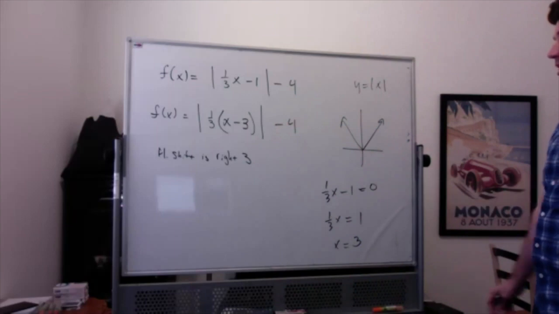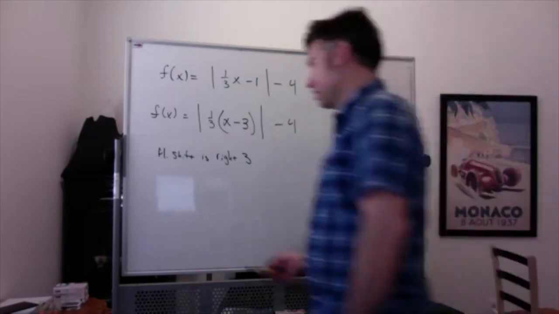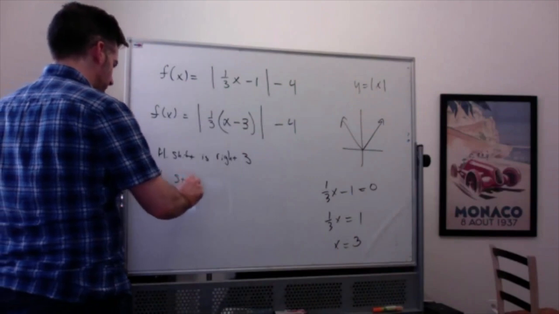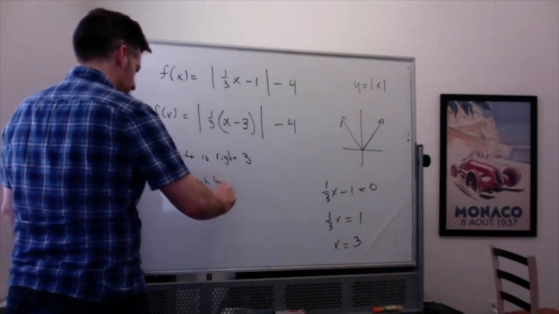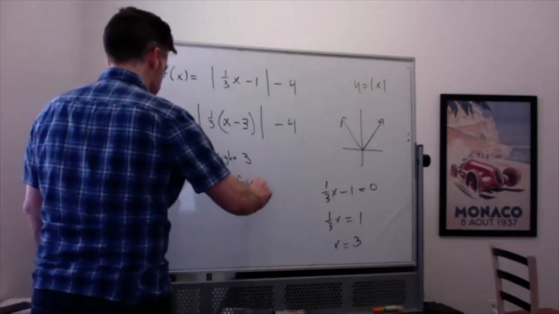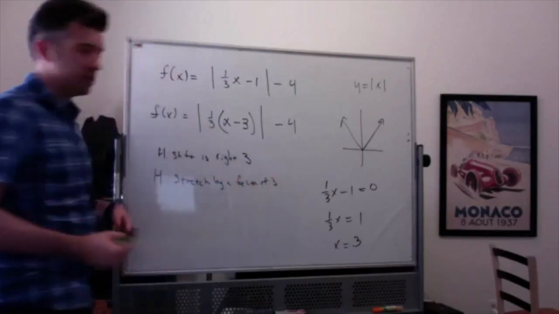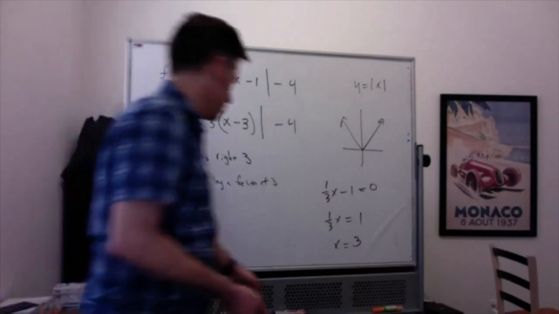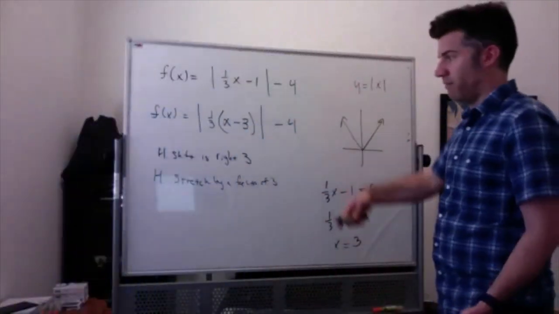So yeah, this one we have a horizontal shift to the right. We have a horizontal stretch by a factor of 3, which means all of the x values are going to be 3 times as large as they would have been. And then we're going to shift down 4.